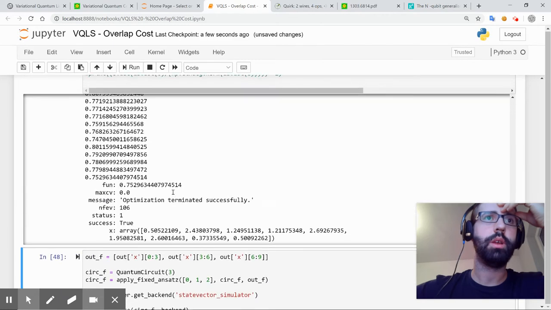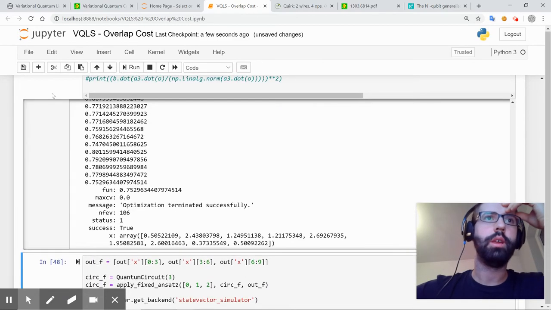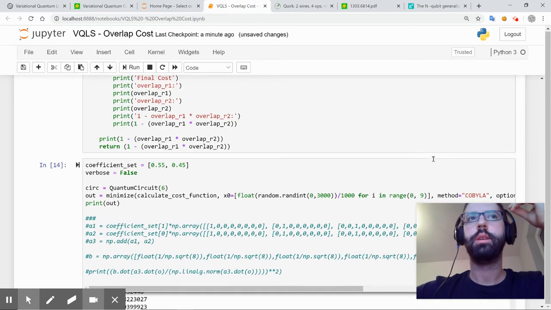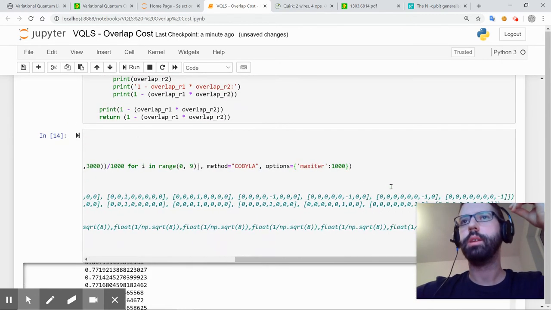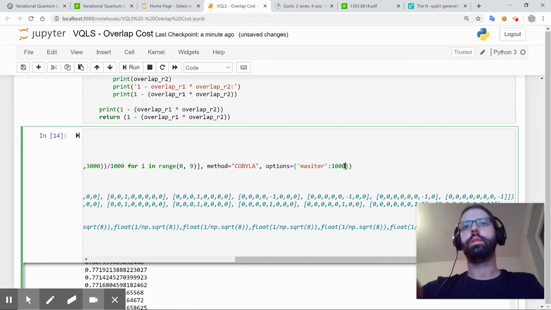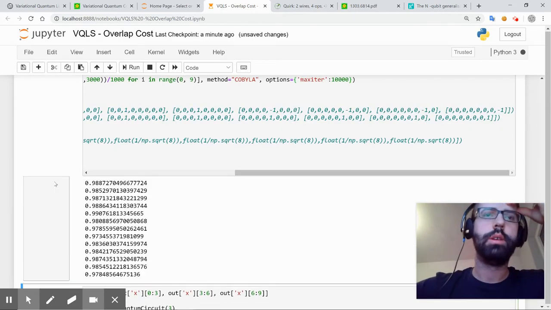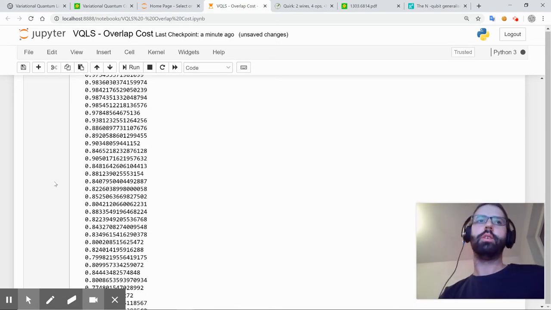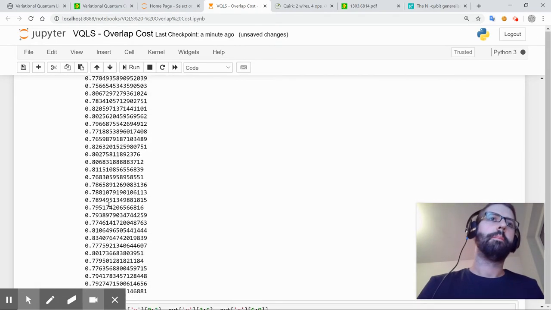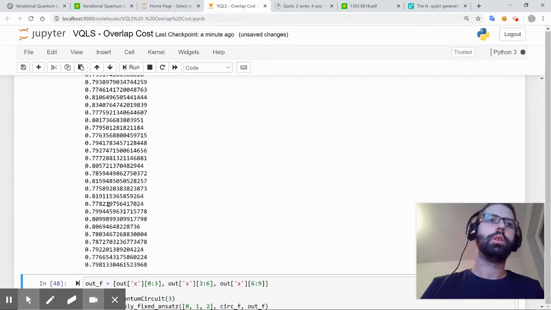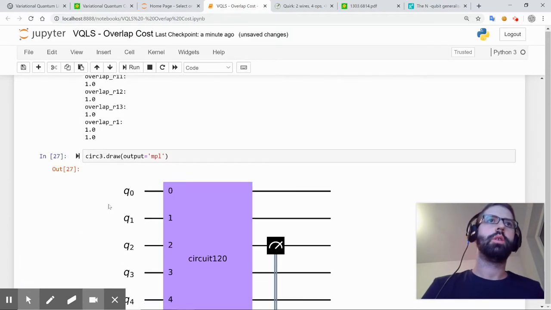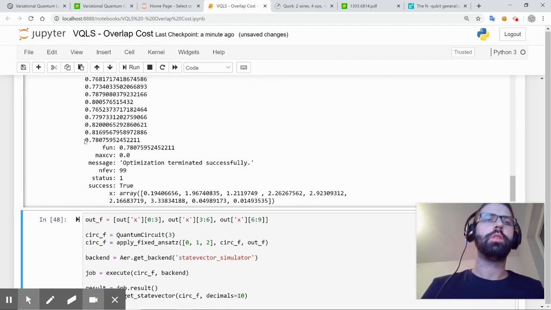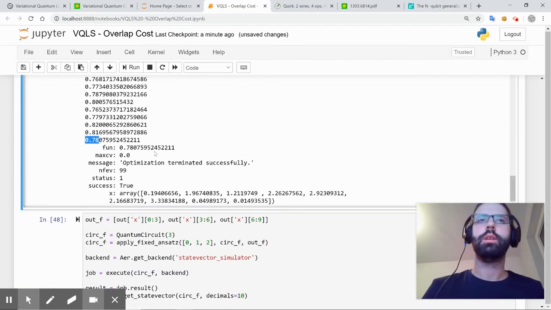What? Where am I? Okay. So maybe I need 10,000. Maybe that's the reason, it just takes longer to converge. Oh, it converges. That's not good. It goes just down to 0.78.